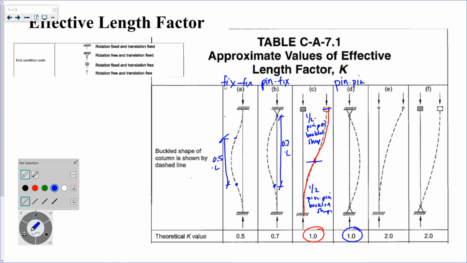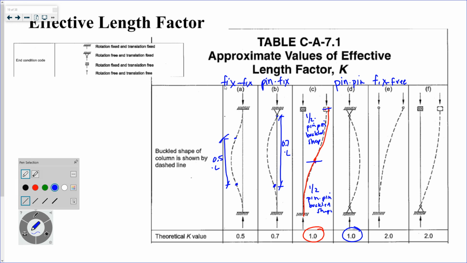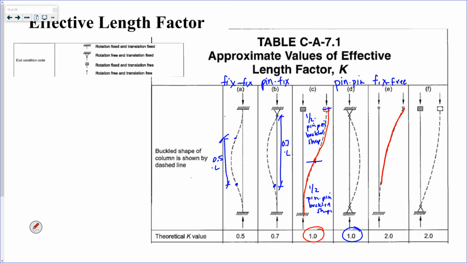E is what? Fixed, free. Bottom is fixed, top is free, and you'll see that is like half of your Euler buckling shape.